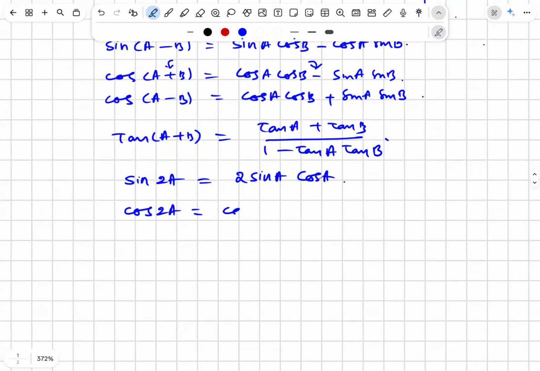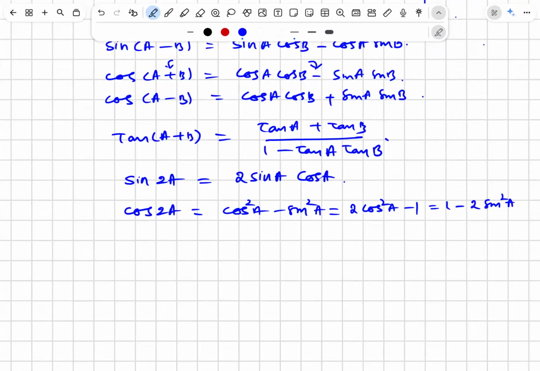So cos square A minus sin square A is one option. 2 cos square A minus 1 is another option. 1 minus 2 sin square A is another option. That's fine.